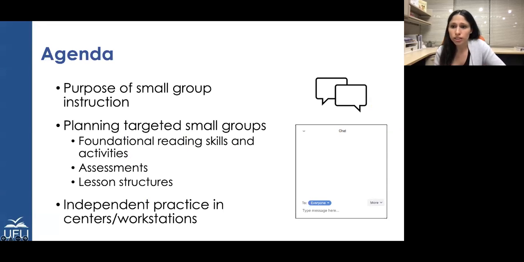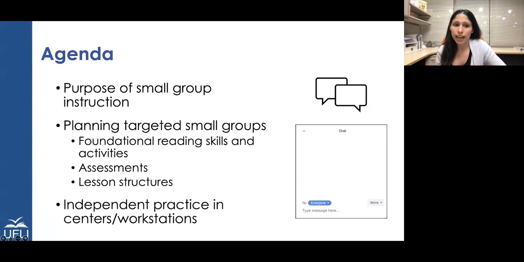But our goal for tonight is to begin by talking about the purpose of small group instruction and how it fits within the context of a 90-minute reading block. Then details about planning actual targeted small groups, which I'm sure is why you're here tonight. So we'll talk about both foundational reading skills and different activities that can be used in small group, a little bit about assessments, different types of assessments and specific assessments for different instructional areas.